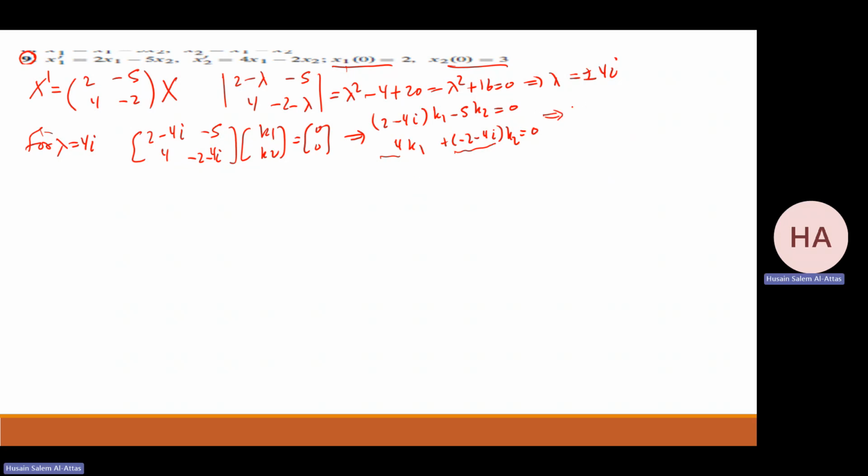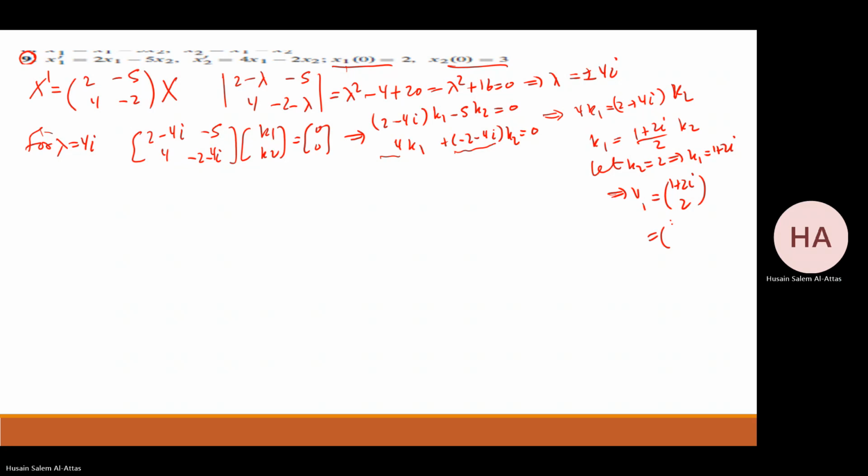So I have 4k1 equals 2 plus 4i times k2. In other words, k1 is 1 plus 2i over 2 times k2. Let k2 equal 2. So k1 will be 1 plus 2i. So v1 will be 1 plus 2i and 2, which is 1, 2 plus i times 2, 0.